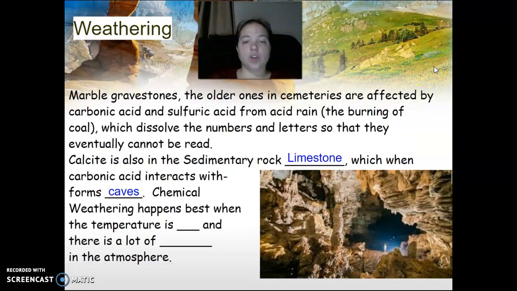And so chemical weathering happens best. So remember, physical happens when you go above and below freezing and there's moisture in the air. Now, chemical happens best when temperature is hot and there's a lot of moisture in the atmosphere.